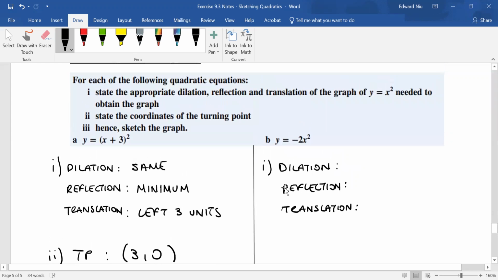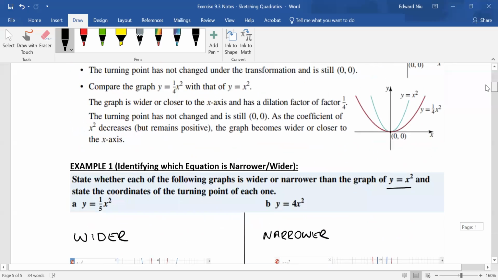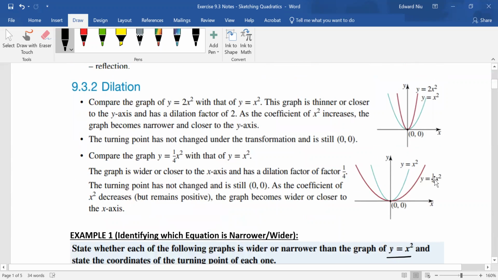Alrighty, in B, what we have is a dilation that's going to be narrower. All right, so if you go back to the very top, what we learned was fractional coefficients on the x squared make them fatter or wider.